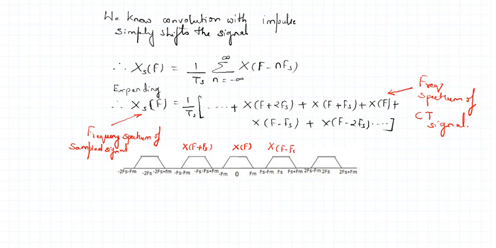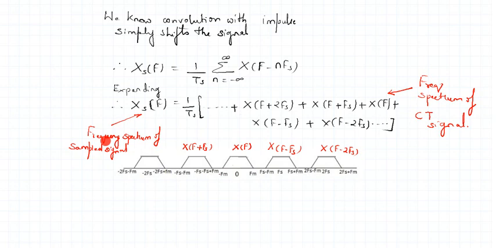This component must be X of f minus 2fs, and so on. So what this equation tells me is that the frequency spectrum of the sampled signal consists of the original frequency spectrum, repeated shifted by fs amounts. Therefore you get a repetitive frequency spectrum when you obtain the frequency spectrum of the sampled signal.